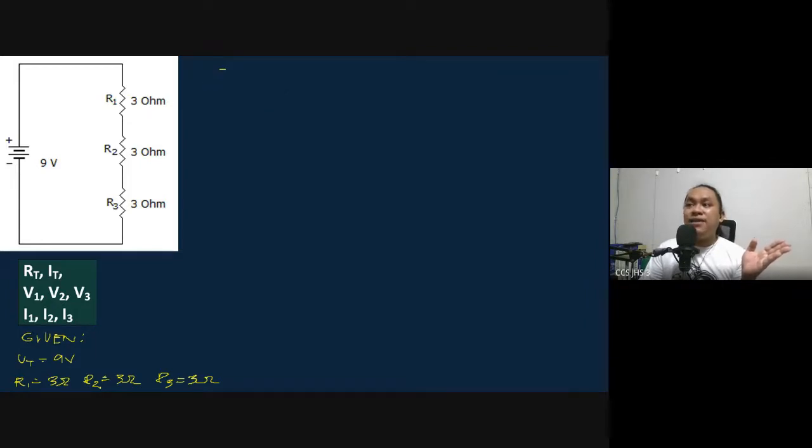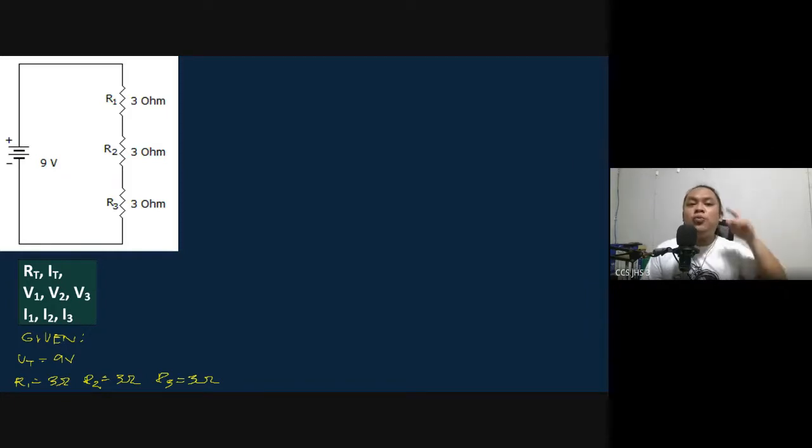Again, in identifying the missing parameter that we need to solve first, let's look at the givens that we have. We have R sub 1, R sub 2, and R sub 3. Then we also have the value for our total voltage. So from these given values, what missing parameter can we solve first?